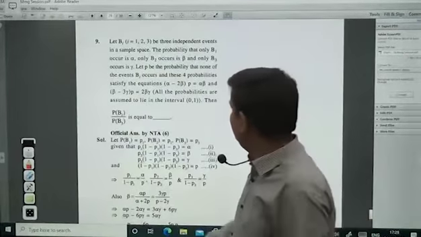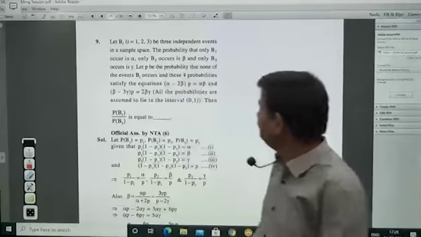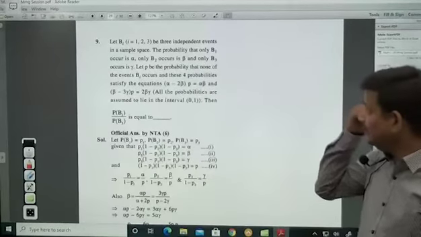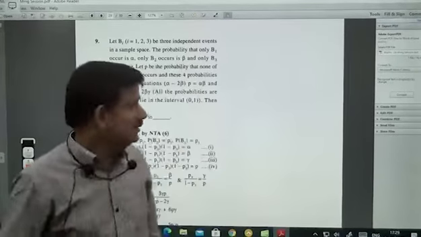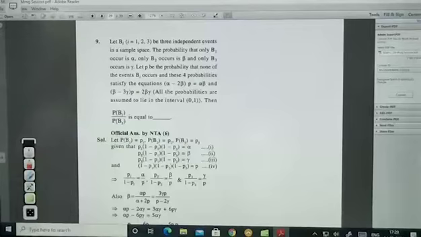Three independent events in the sample space. The probability that only B1 occurs is alpha. Probability that only B2 occurs is beta. Only B3 occurs is gamma. Let P be the probability that none of the events Bi occurs.